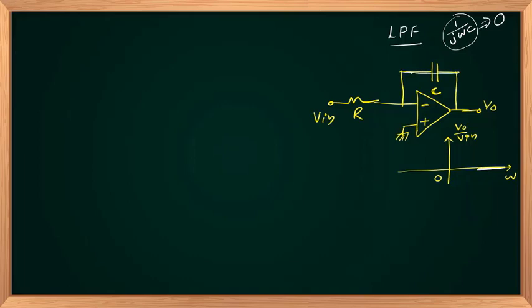The moment the capacitor is short circuited, there exists 100% negative feedback, and V plus should be equal to V minus. V plus is grounded, V minus is also grounded, shorted, so output will also be 0. So at very high frequencies, output is very low; ideally at omega equal to infinity, output is 0.